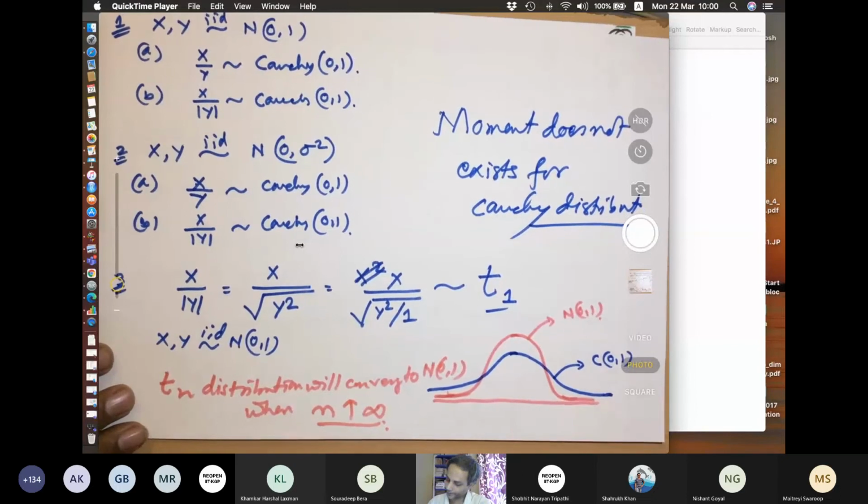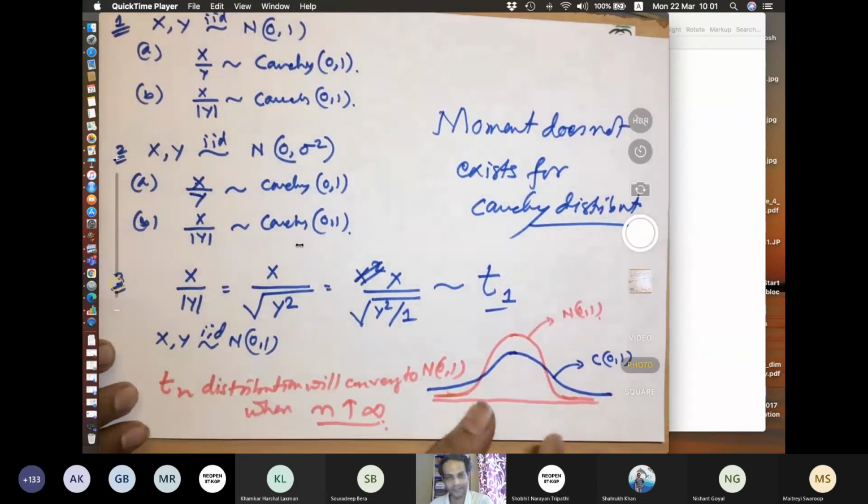Even if your n is around 1000, you may still find a discrepancy in the probability value in the third or fourth decimal place. That I am telling you. But people often use even the normal distribution after 100. That's acceptable.